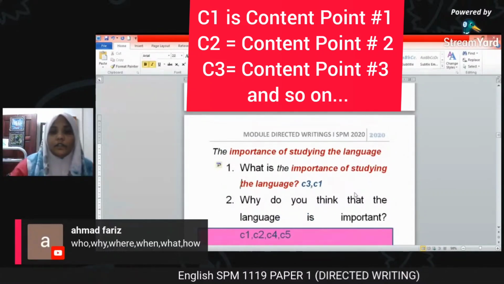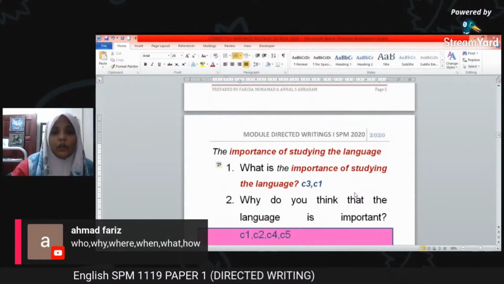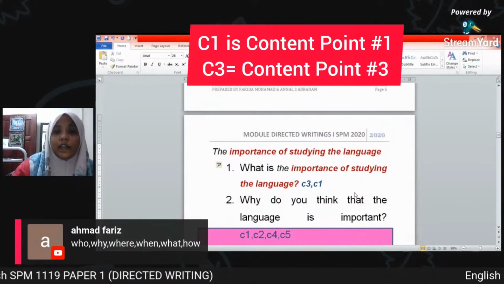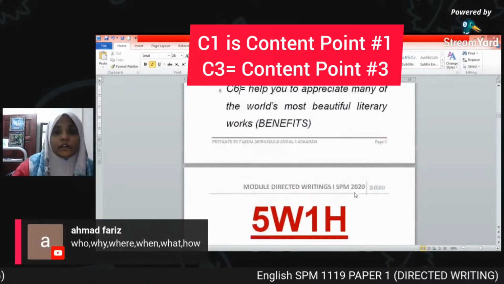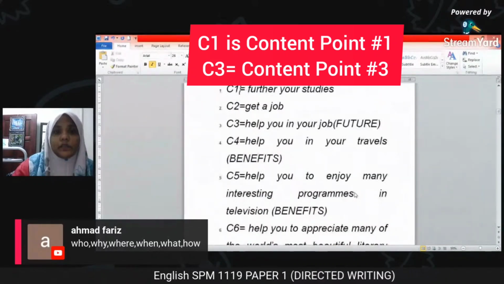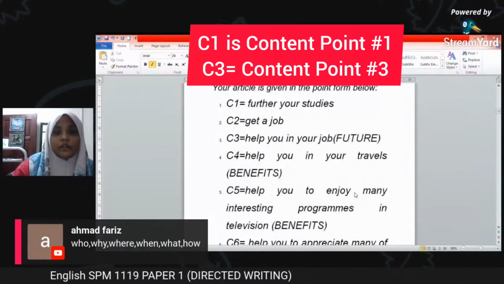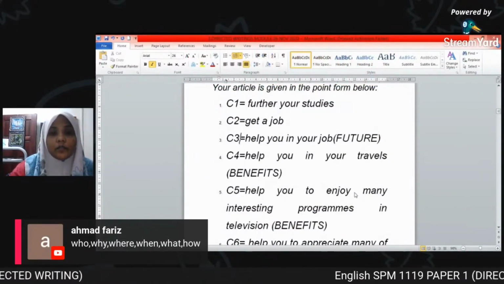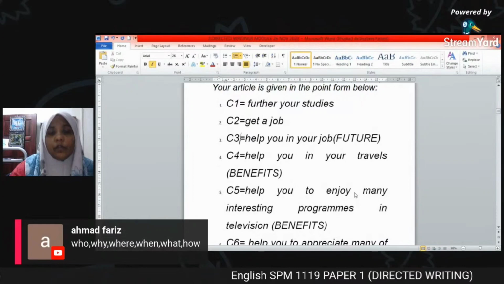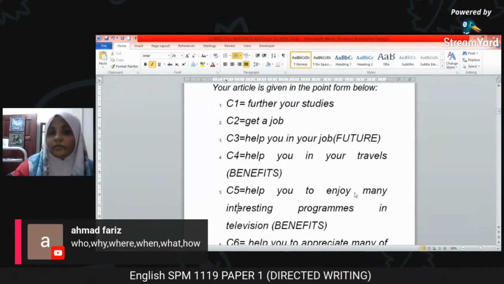For example, the first question, what is the importance of studying the language? C3 and C1, for example, further studies, and C3, help you in your future job, already answered the question.